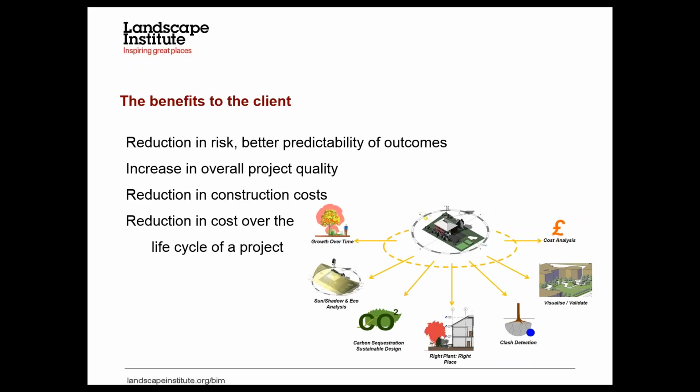So what are the benefits to the client? If you can make better informed decisions and you can be more confident and more predictable in the outcomes, you're reducing the risks to the client. If you can say to a client, we reckon that this project, we've costed it out, we've done a lot of work, and we've done a lot of management of processes, and we can guarantee that we're within 10%, it's going to cost you £5 million.